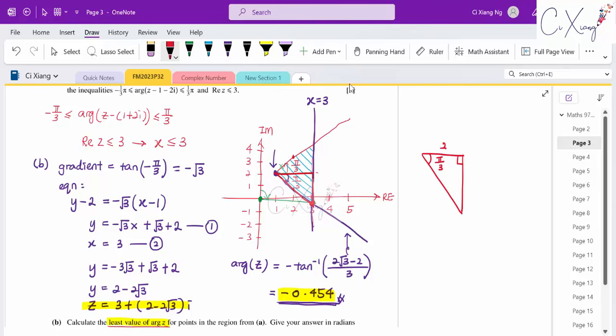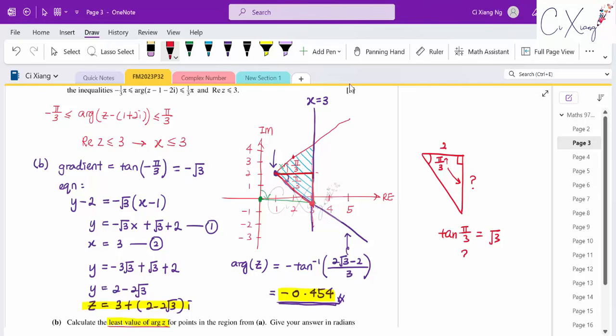And for tangent pi over 3, what is the ratio? The ratio for tangent pi over 3 should be square root 3. That means the opposite divided by the adjacent length should be equal to square root 3. And now my adjacent length is 2, so I want to know the length of this one.